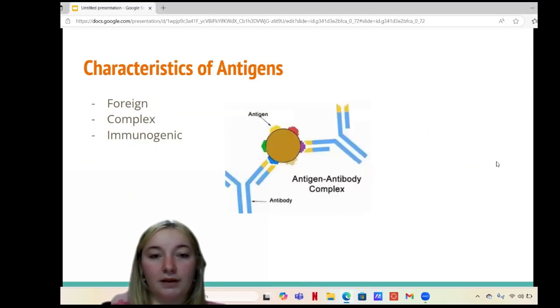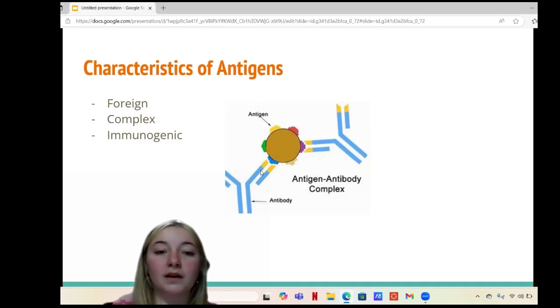So, characteristics of an antigen. Here you have a picture of an antigen-antibody complex. So here's an antibody, which is linked to the immune system because many people, you will hear them talking about how they have the antibody for a specific disease, and they're immune to it and they just can't get it.